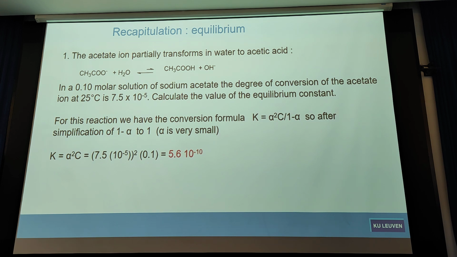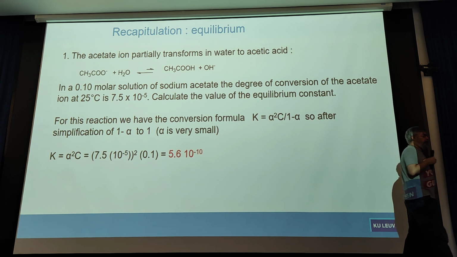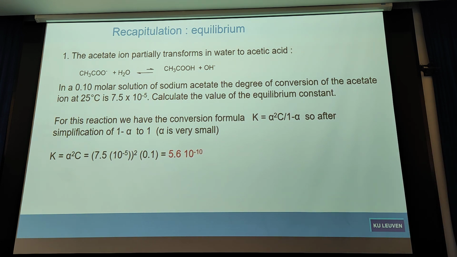So we can fill everything in. We can also simplify, because 1 minus alpha is actually the same as 1, because alpha is 7.5 10 to the minus 5. That's not significant as compared to 1. So we can just put 1. So we now have K is alpha squared concentration. And we know the concentration is 0.1 mole per liter.